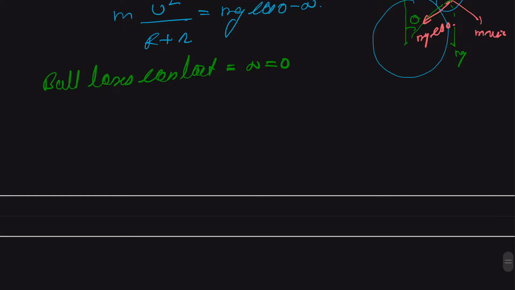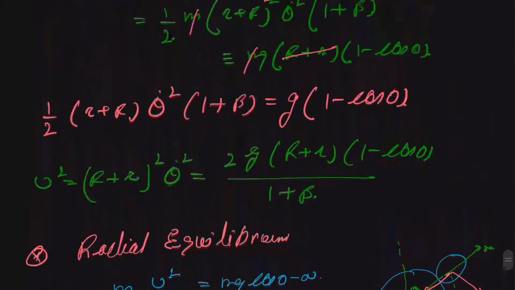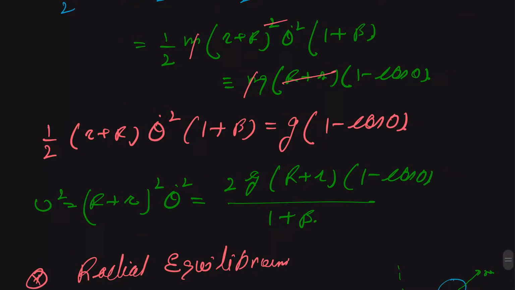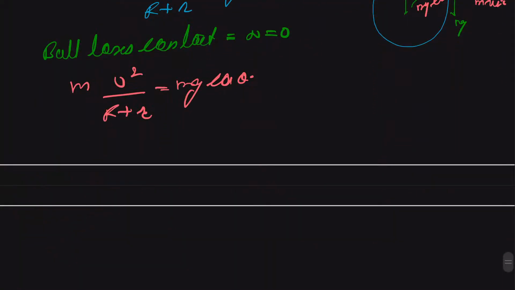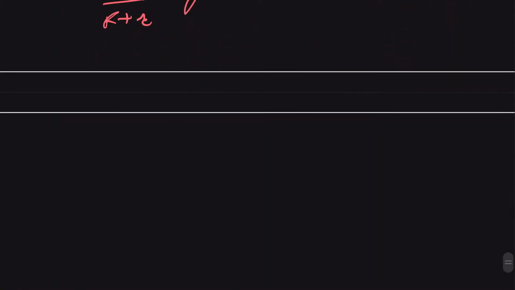Therefore, we can write that m v square over (R + r) is equal to mg cos of theta, and we can solve it for cos of theta because we already know our v square, and v square is our 2g (R + r).